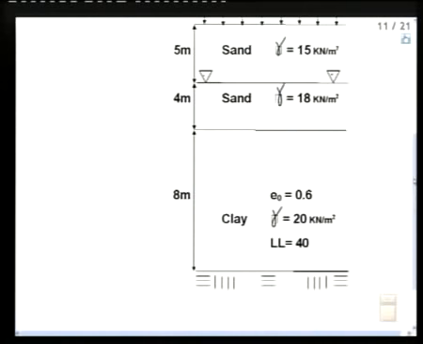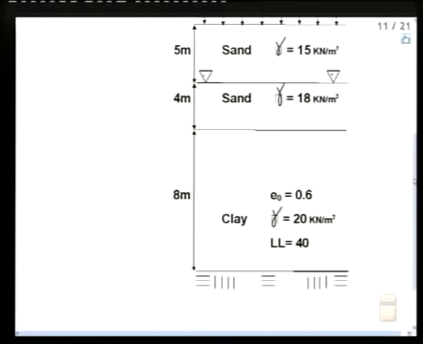I have two layers, sand and clay. I have water table. I have distances there, 5 meters, 4 meters, 8 meters. I have the unit weight for the sand, the unit weight for the other sand. One of them, of course, should be dry. The other one is saturated. Then I have the clay, and I have all what I need for the clay. What is needed is to find the primary consolidation for the clay.